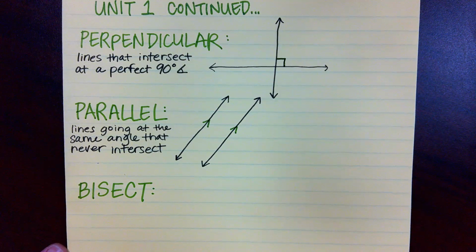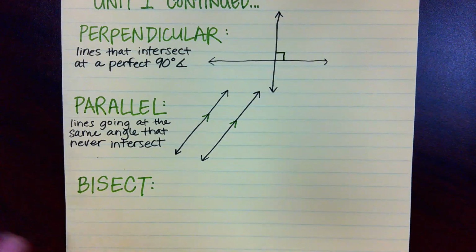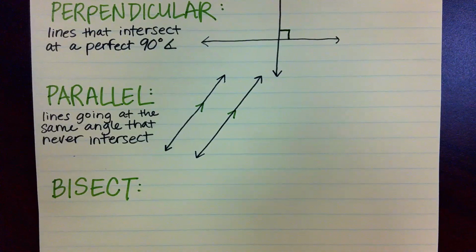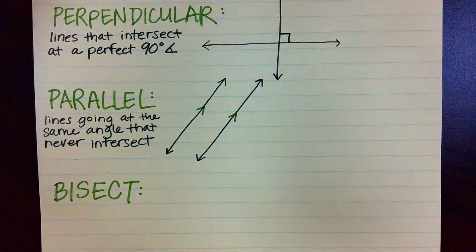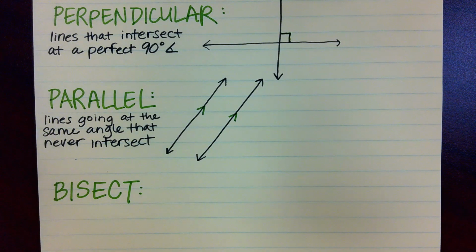Bisect. So, does bisect sound like something you may have heard before? Or does it sound similar to a word you do know? What is it? Yeah, like dissect. What does it mean to dissect something?